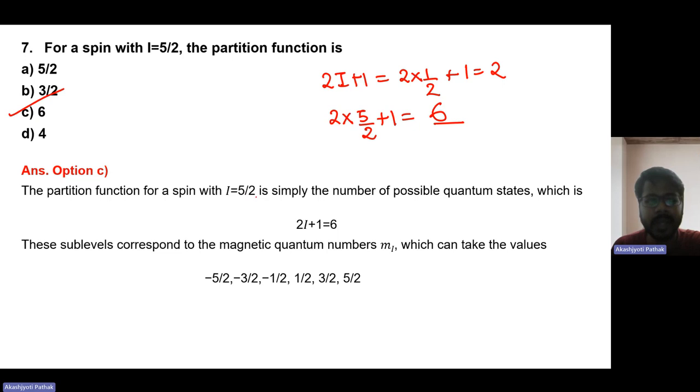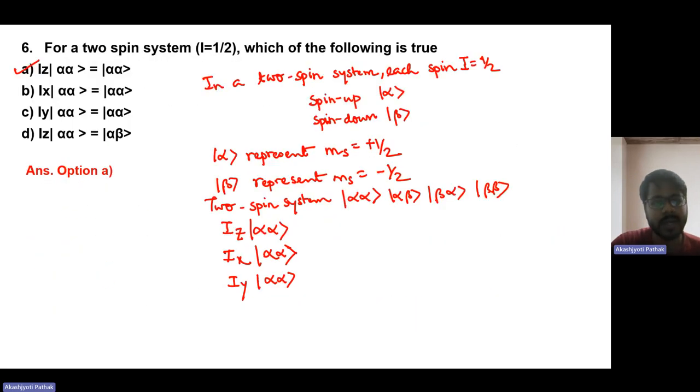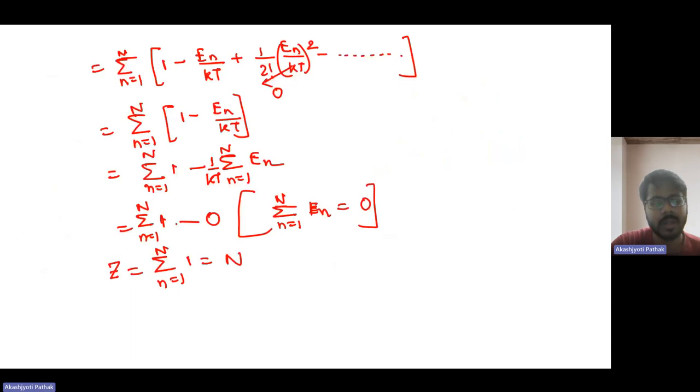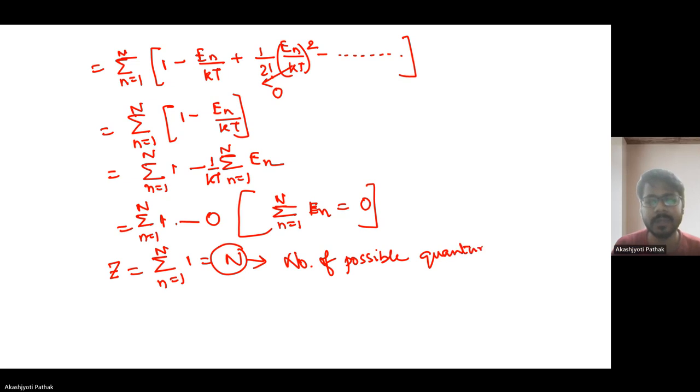The partition function for a spin with I equal to 5 by 2 is simply the number of possible quantum states. Why? Because, if you recall, I derived that this partition function is equal to n, where n is the number of possible quantum states, and the number of possible quantum states is given by 2I plus 1.